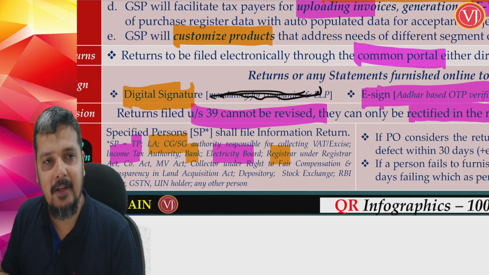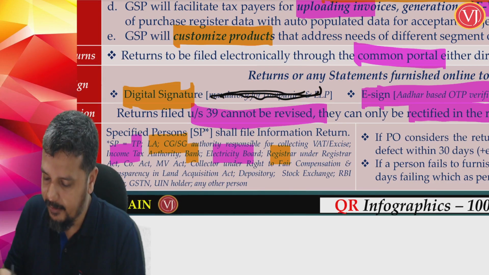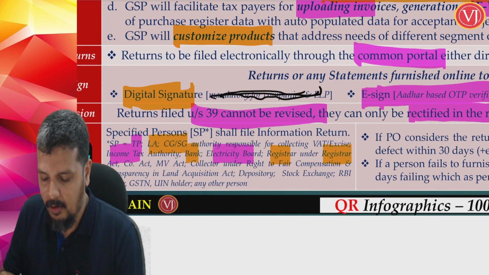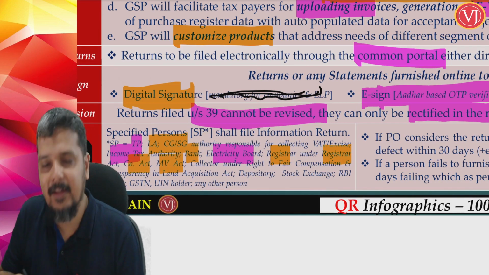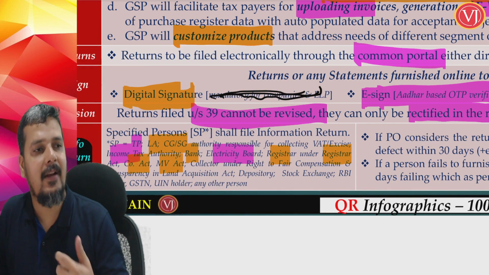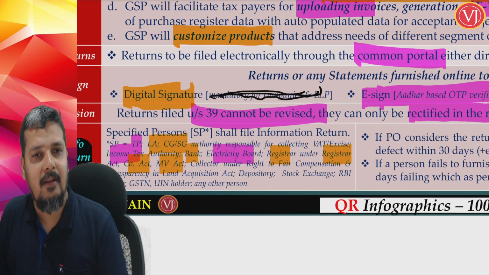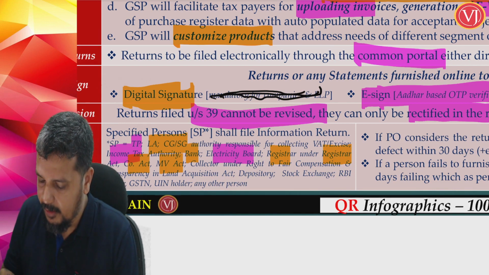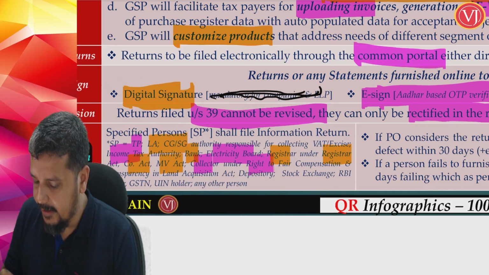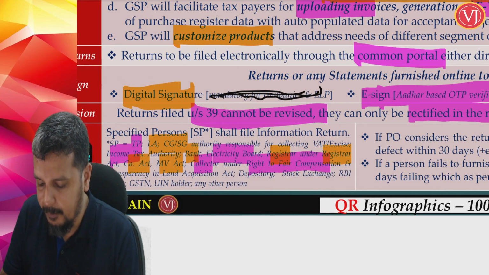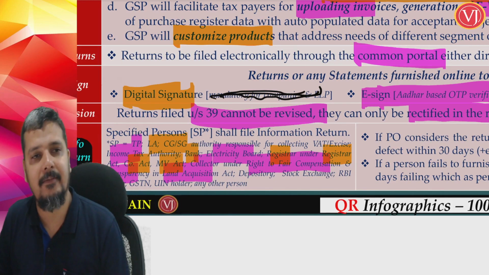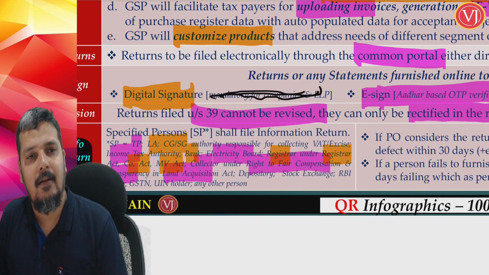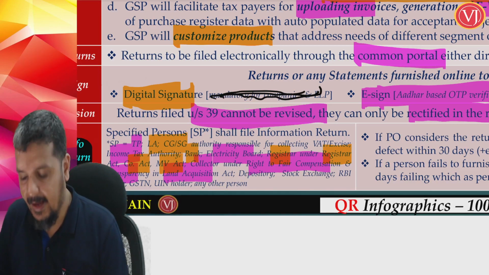Now when you talk about registrar, it is either the registrar under the Registrar Act, the Companies Act, or the Motor Vehicles Act, or you are talking about the collector under the Right to Fair Compensation and Transparency in Land Acquisition Act. Collector in case of Land Acquisition Act.